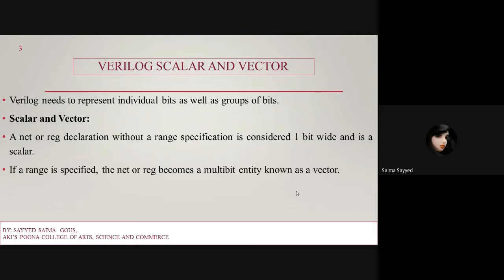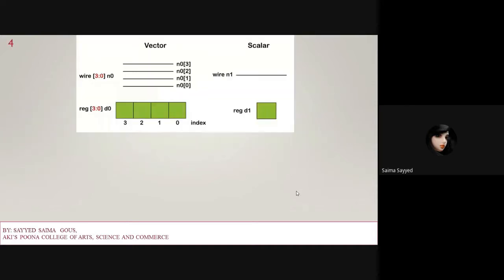And when a range is specified, whatever the data type, either net or register, both data types become a multi-bit entity known as a vector. So when the range is not defined, it is 1 bit and called a scalar, and when the range is defined, it is a vector. So these are scalars and vectors.